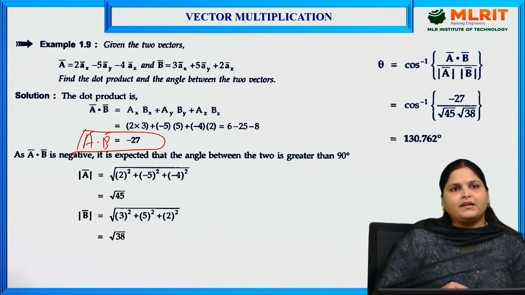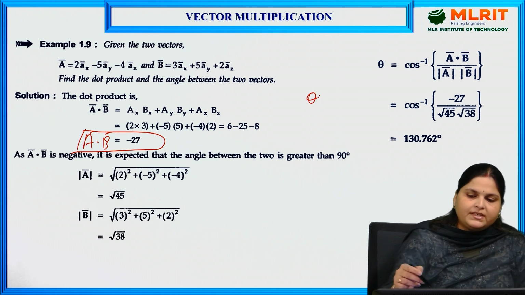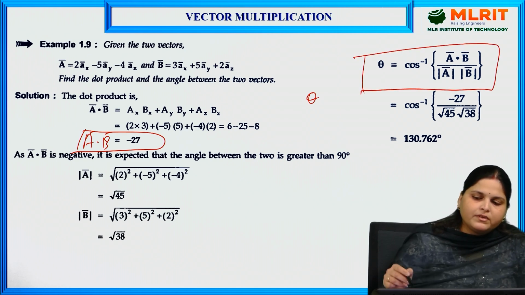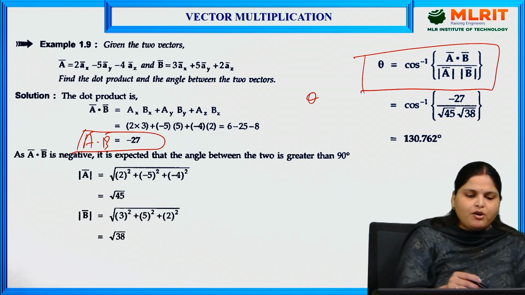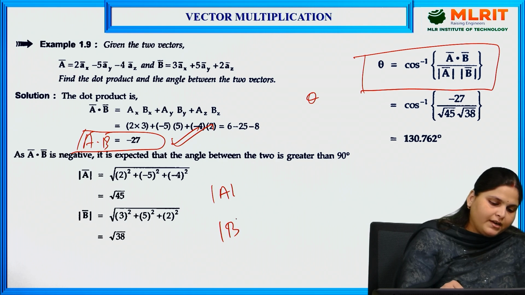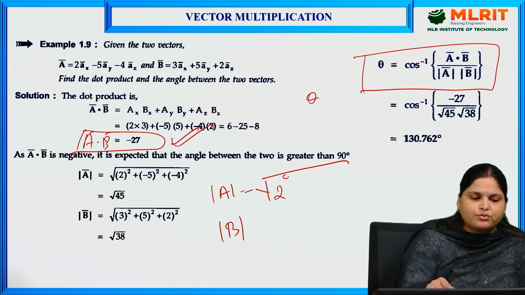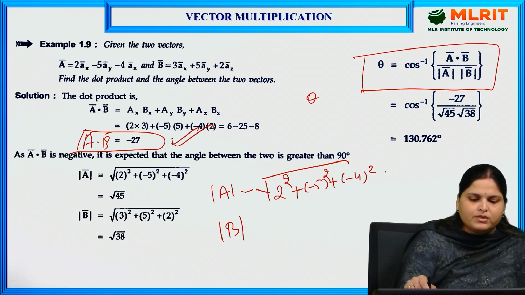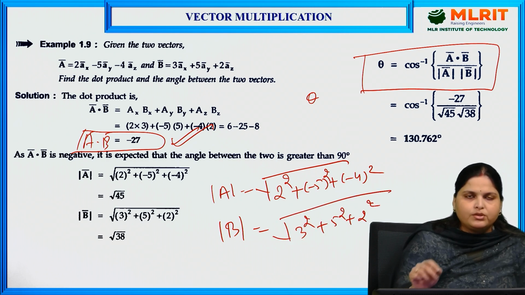Now we have to find the theta angle. So the theta angle formula is cos inverse of A dot B upon mod A mod B. A dot B we have already calculated. Now we need to calculate mod A and mod B. So mod A and mod B mean their magnitudes: for A it will be the root of 2 square plus (-5) square plus (-4) square, and for B, 3 square plus 5 square plus 2 square.